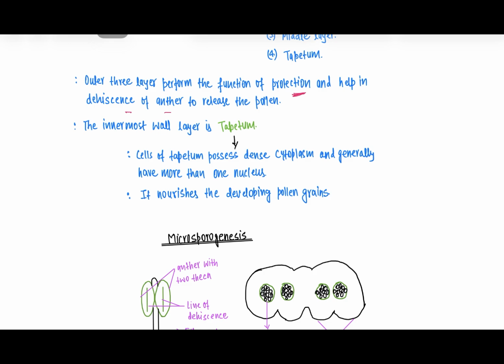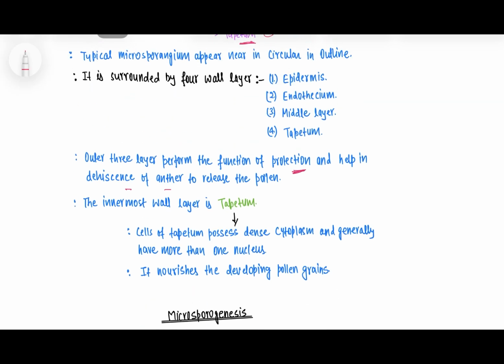So the first one is epidermis, second is endothecium, then middle layer, and the last one is tapetum. This is the sequence, outer to inner.